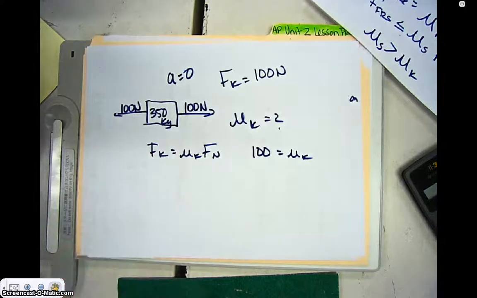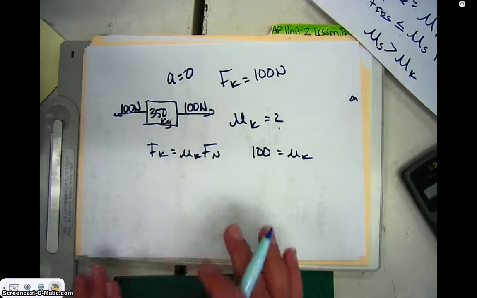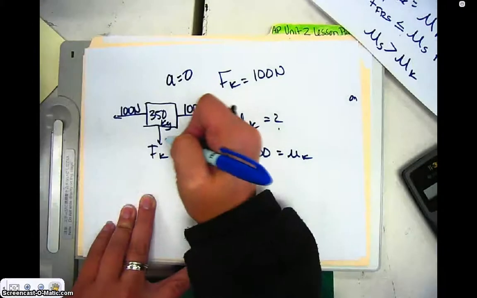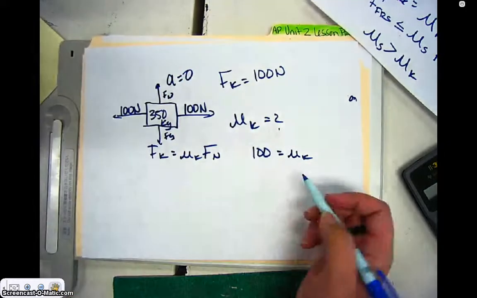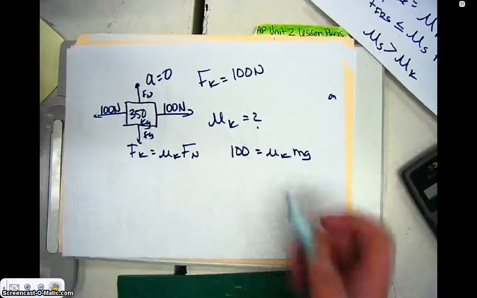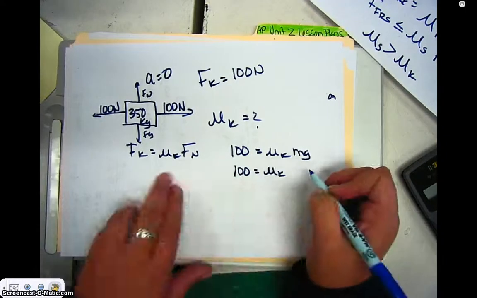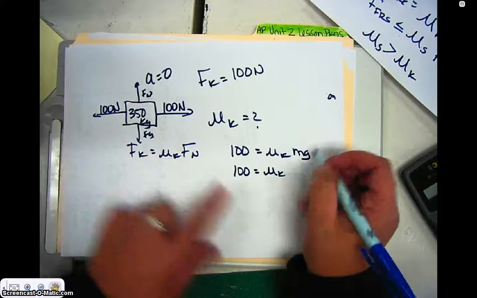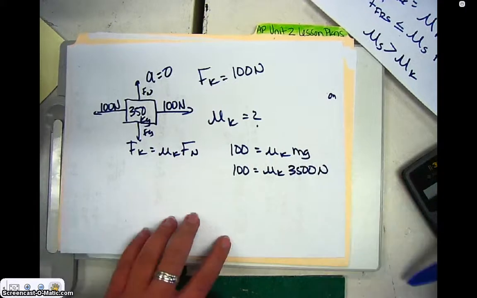And now let's talk about the normal force. We're just sitting on the ground here, and let's say that you're pushing exactly horizontally, so you're not pushing into the ground at all. In this case, your Fg will be equivalent to your Fn. So we could say that 100 equals mu k mg, which is 100 equals mu k times 350 times 10, so that would be 3,500 newtons.